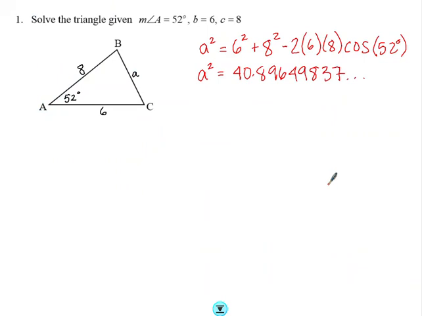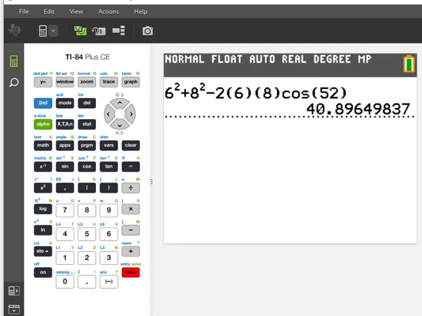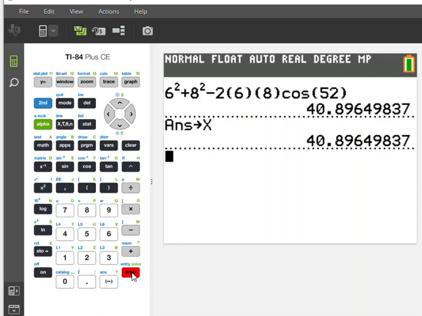To finish solving for side A, we need to take the square root of this number. One thing you can do in the calculator is take this number, hit the store button, and then pick a variable. I'm going to pick x. So I'm going to store that decimal as x, and then I can just type square root of x.